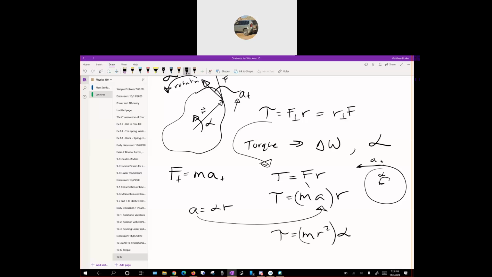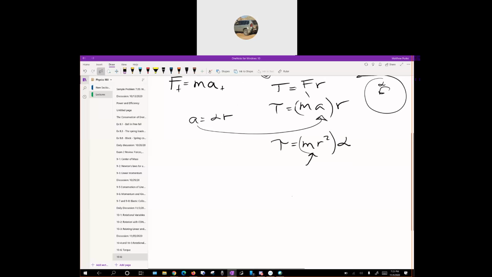Now you might recognize this, I hope you do, as the moment of inertia I. So what this says is that a torque causes the object with some moment of inertia I to accelerate with some angular acceleration alpha.